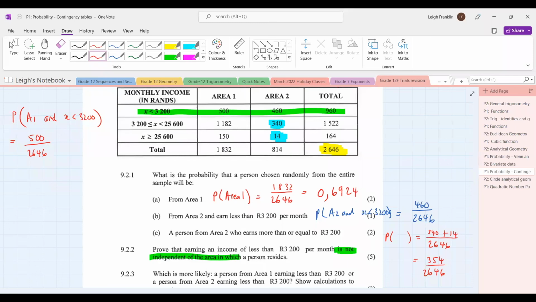So the left-hand side of our equation is area 1 and less than 3,200 Rand. What's on the right? In words, not in numbers.